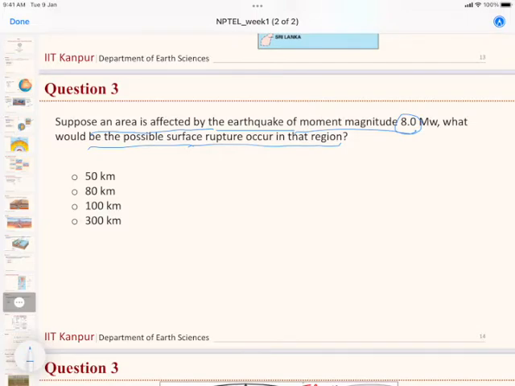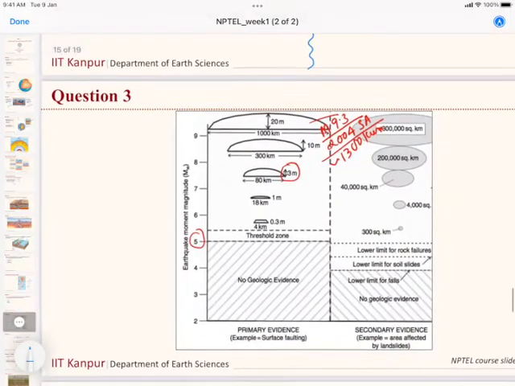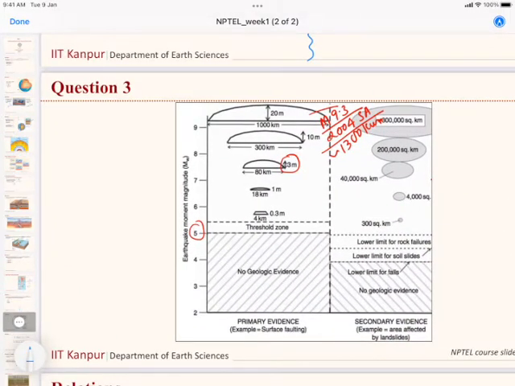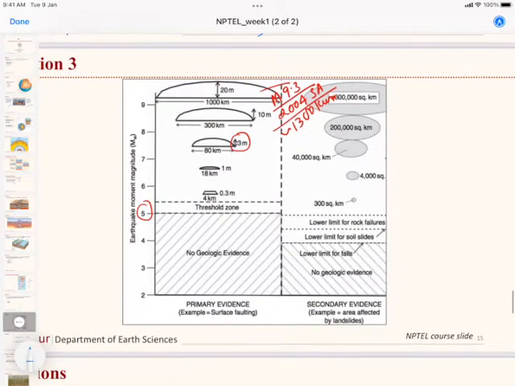I think this is the figure that I have taken from the slides that sir discussed during this lecture. If we go by this figure, the question says the earthquake moment magnitude was around 8. So what would be the surface rupture?